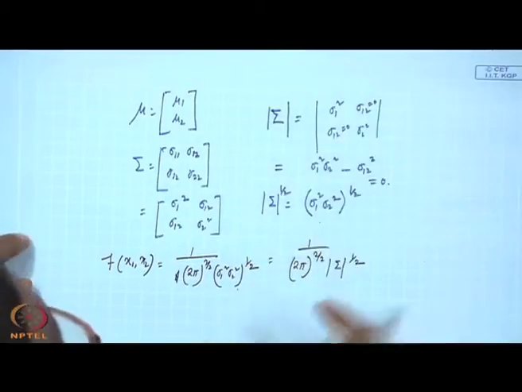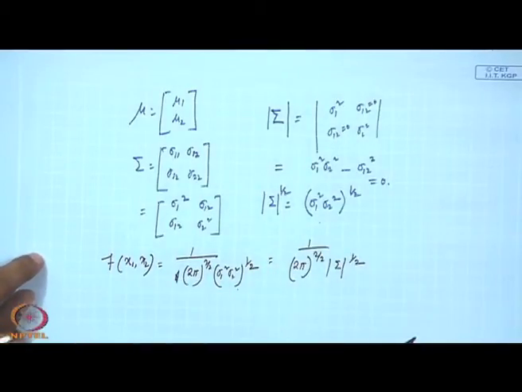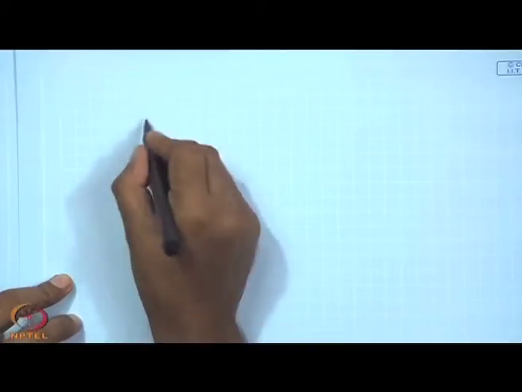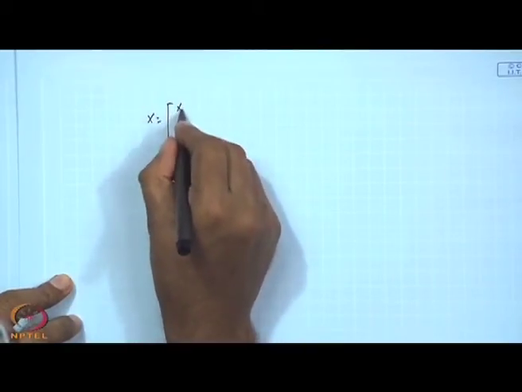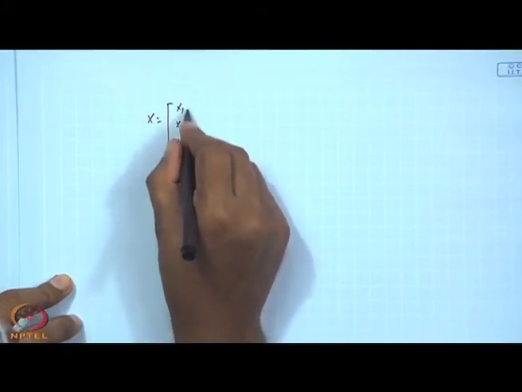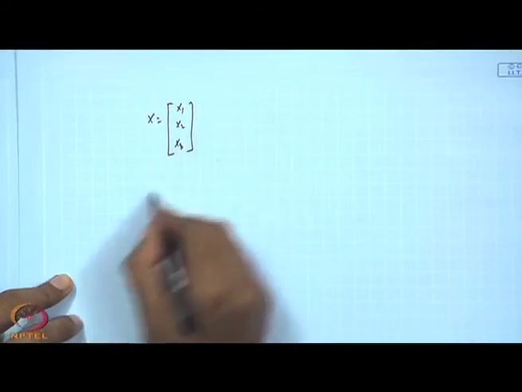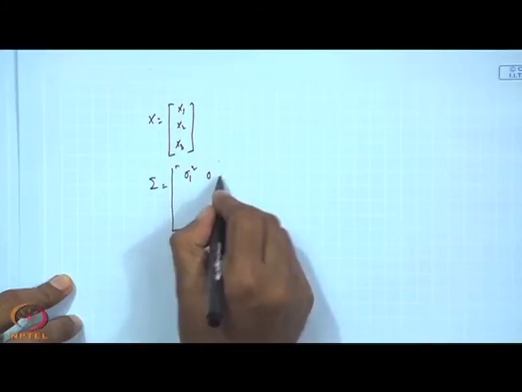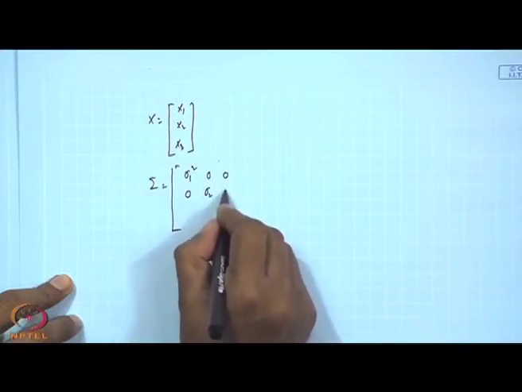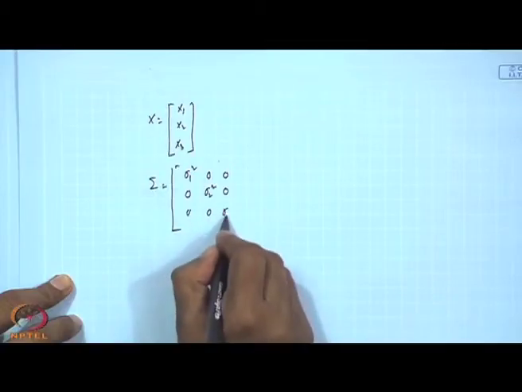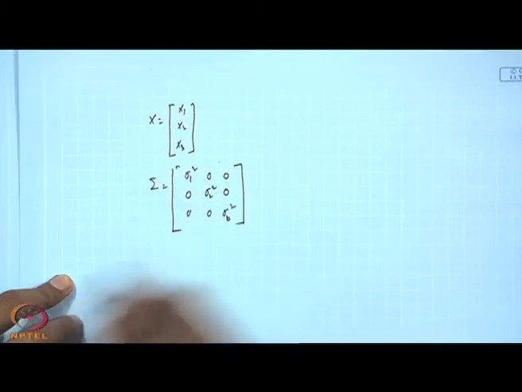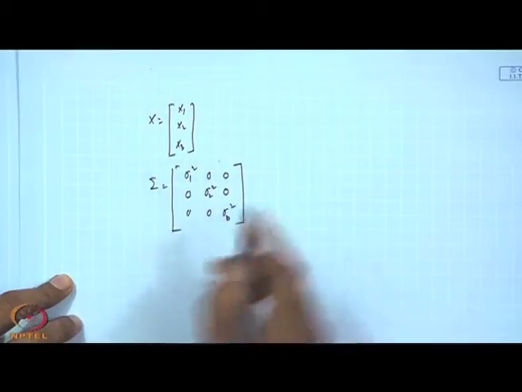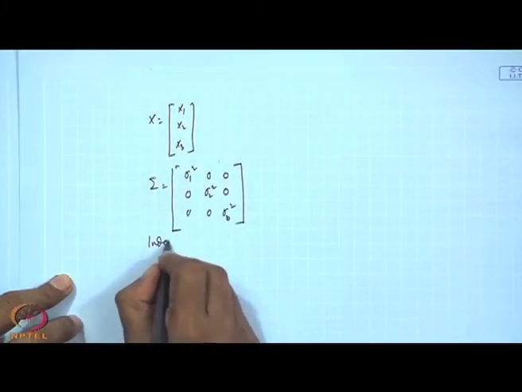Now, suppose you have one more variable. That means suppose you have taken 3 variables now, like x is x1, x2 and x3, and you also consider that your sigma is diagonal: sigma 1 square, 0, 0; 0, sigma 2 square, 0; 0, 0, sigma 3 square. What are we assuming? We are assuming that all the variables are independent.